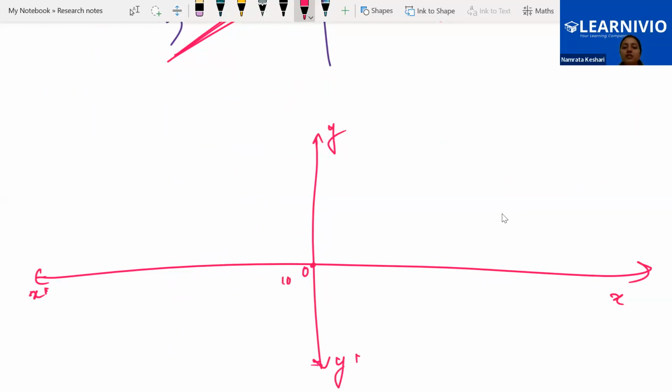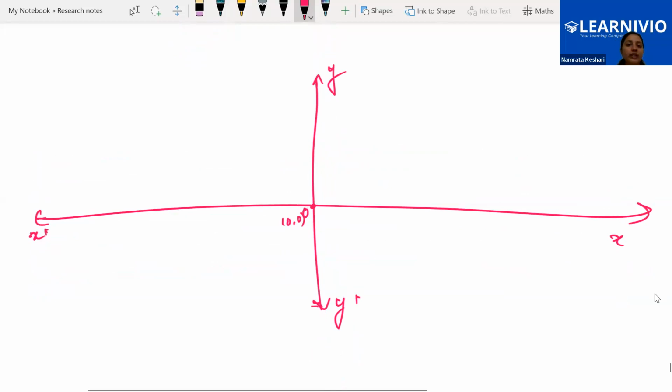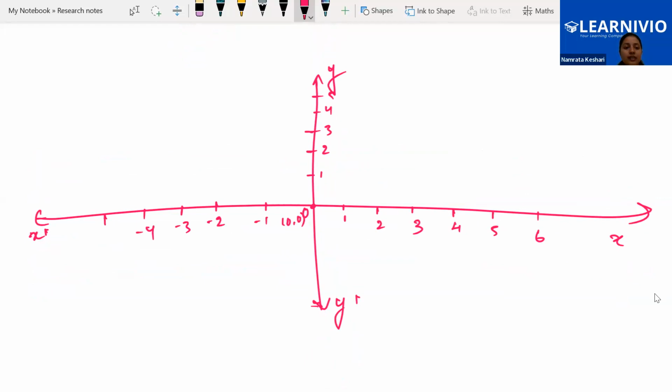This is how we place our coordinate axes, which we already know. Now the numbers: let me take a few, 1, 2, 3, 4, 5, 6. Here 1, 2, 3, 4, 5. Here -1, -2, -3, -4, -5. Downside -1, -2, -3, like that.